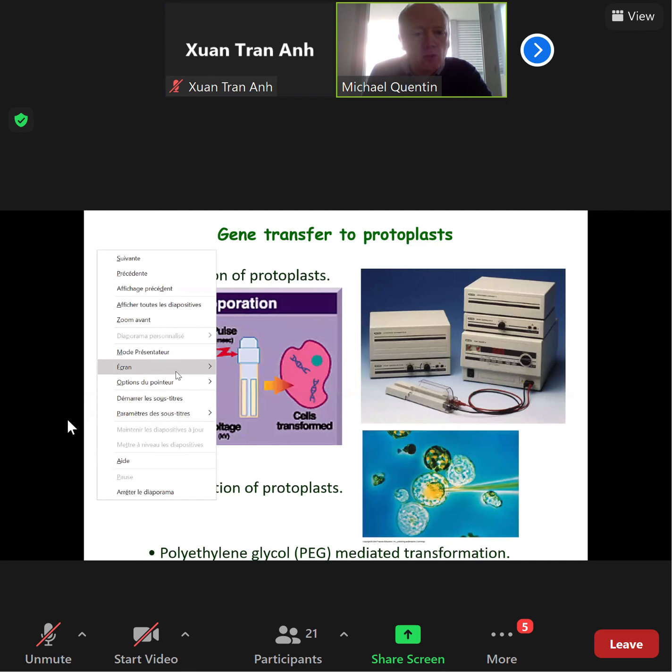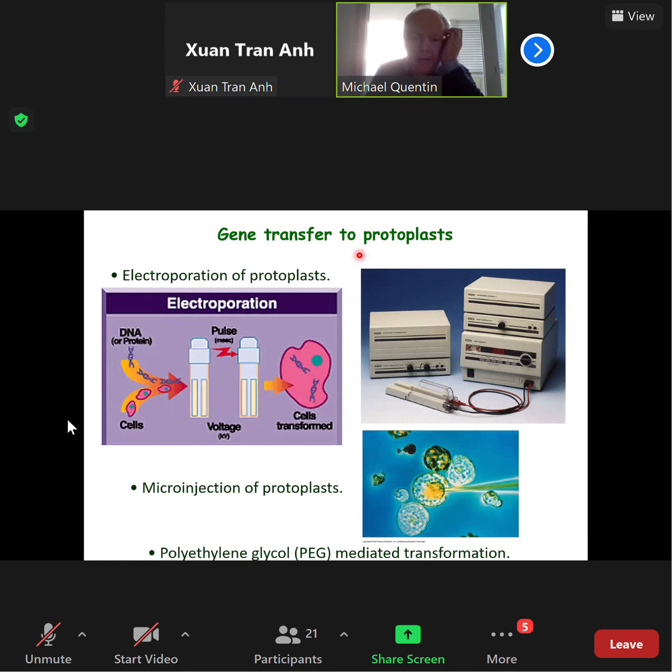So I told you it's possible to make protoplasts out of some plant tissue. Again, it's not possible for any kind of plant, but from most plant species, you can make protoplasts, which are plant cells without a cell wall.